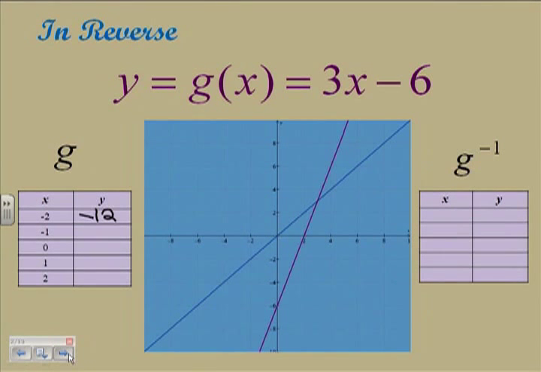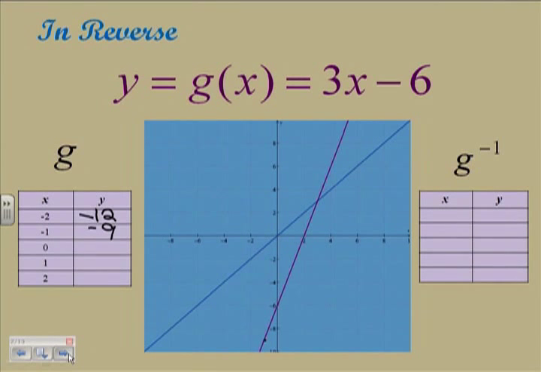It's a little bit hard to see because it would be off of this screen, but the negative 12 would be down here below where our graph goes. When x is negative 1, if we plug it in here, we end up with a negative 9. You can see the negative 1, negative 9 sitting there as an ordered pair.